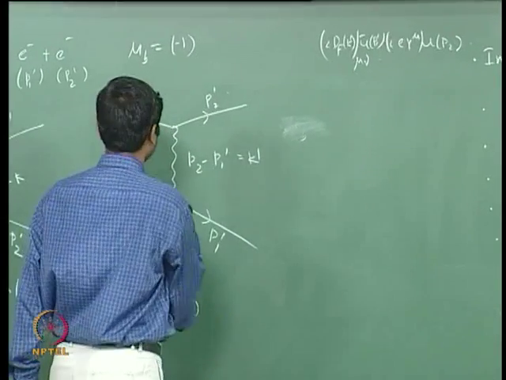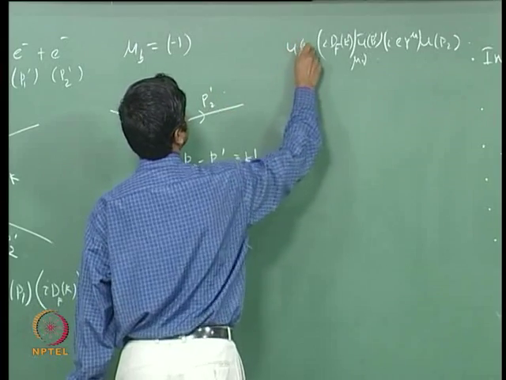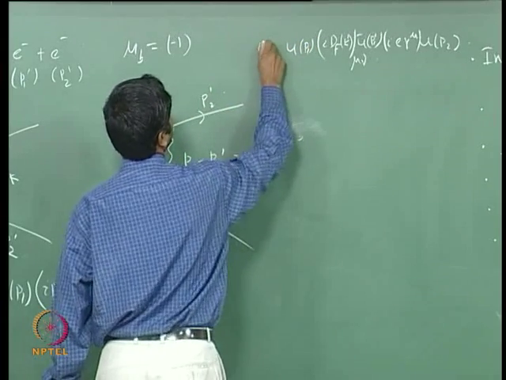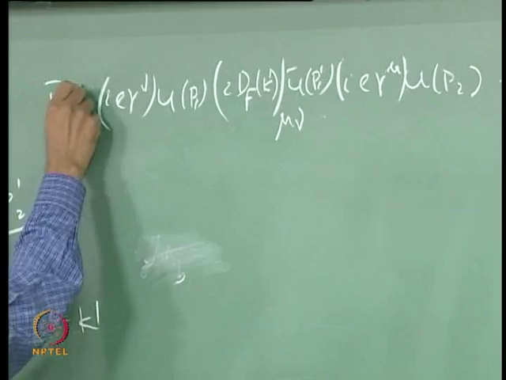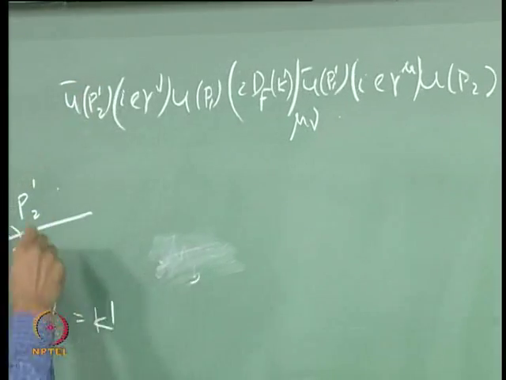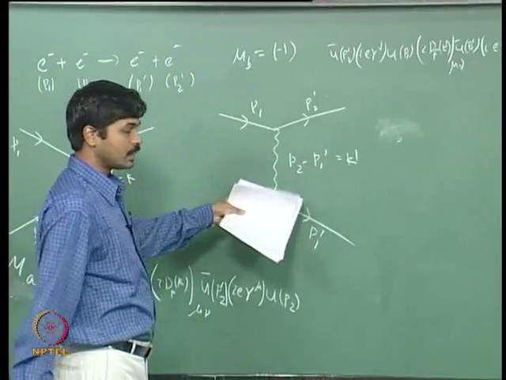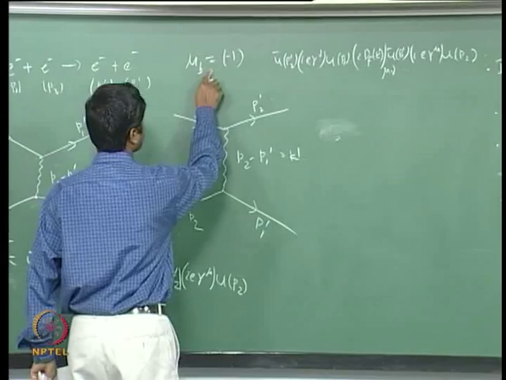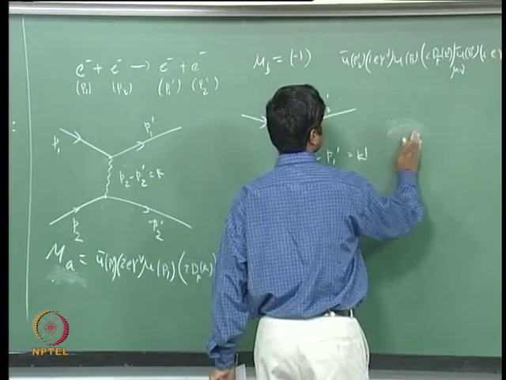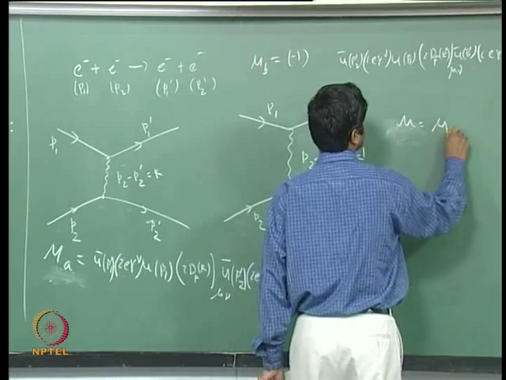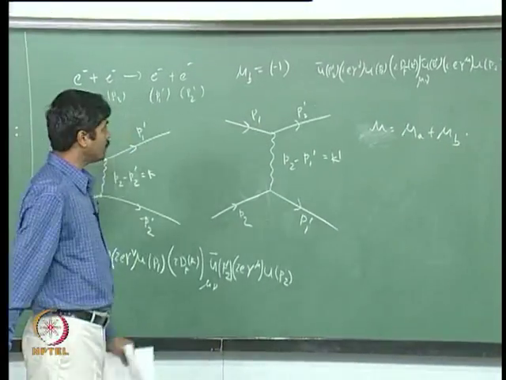Then you have an incoming electron of momentum p1, u(p1) i e γ^ν ū(p2'). So, this is the contribution from the second diagram, and then the total amplitude here is M equals M_A plus M_B. Okay.